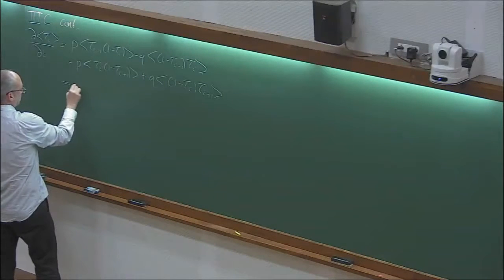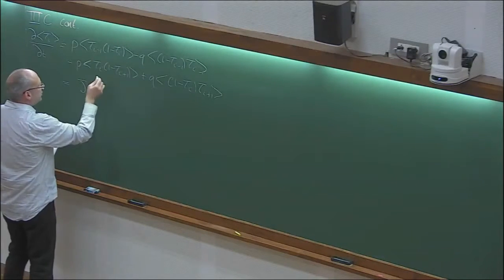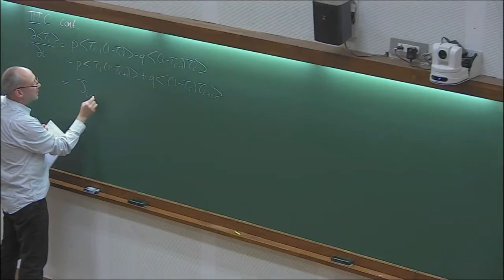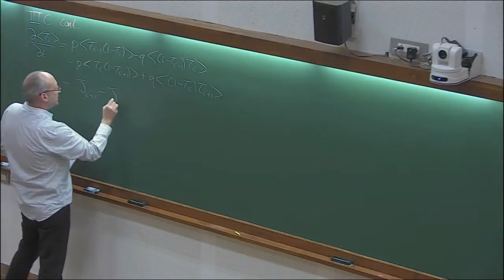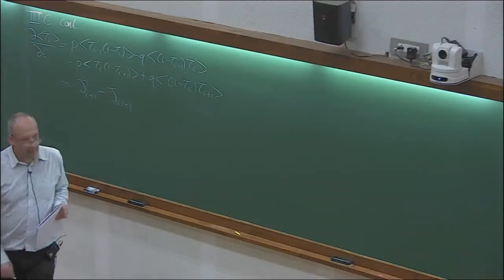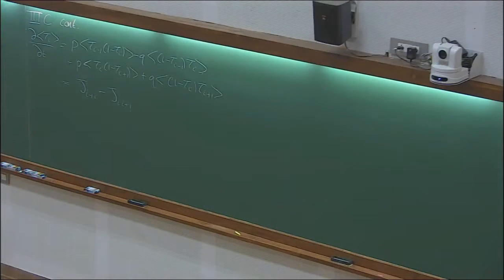And in fact, this was a continuity equation. So this was the net current going from i-1 to i, minus the net current going from i to i+1. Okay, so that's where we got to.